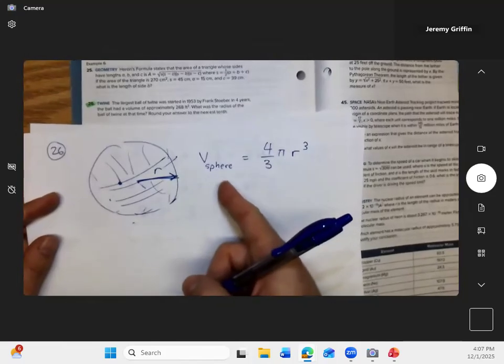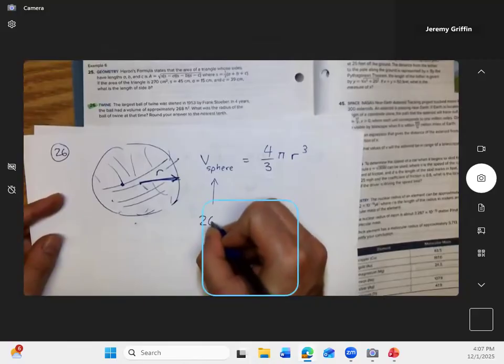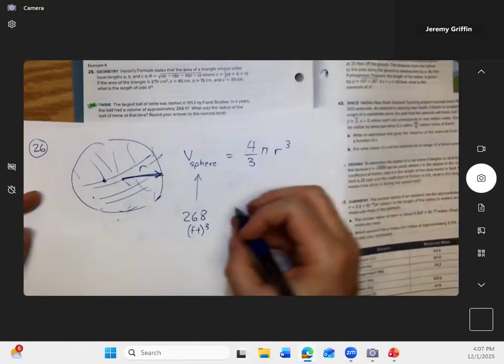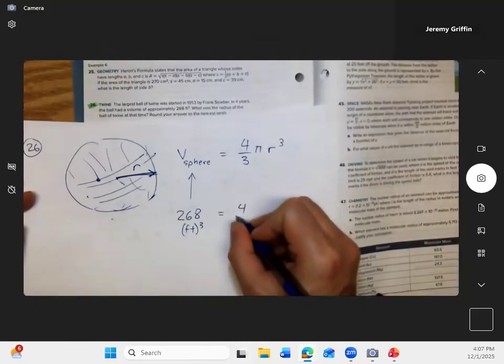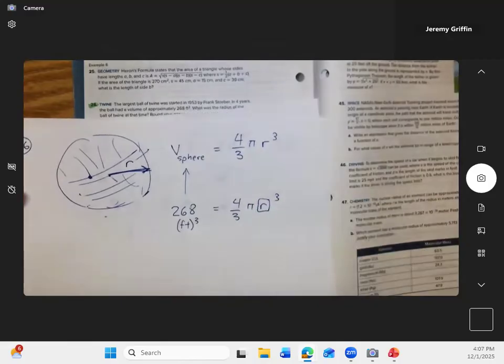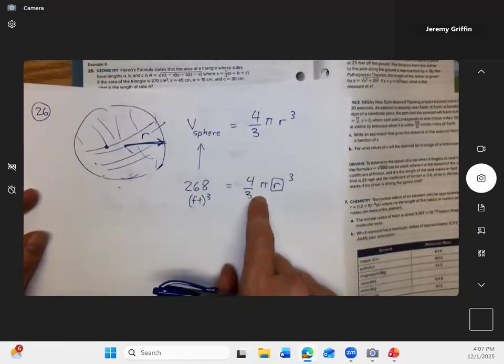They told us the volume right here. They gave us 268. That's cubic feet, so the radius will be in feet. It's equal to 4/3 pi, and the radius we're solving for cubed. Okay, I can multiply both sides by 3/4 and divide by pi.